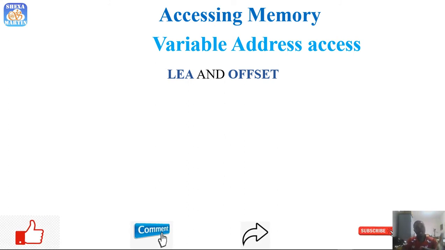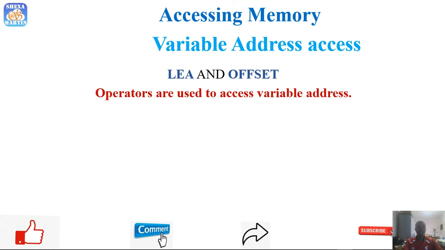LEA is just saying load effective address. So we will be loading an effective address to a certain memory location or to a certain register. And offset is another instruction that is used for the same purpose, but they use different syntaxes.